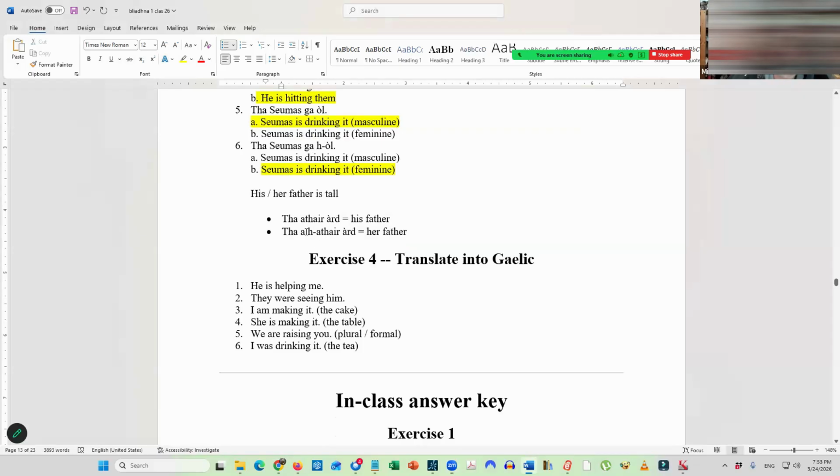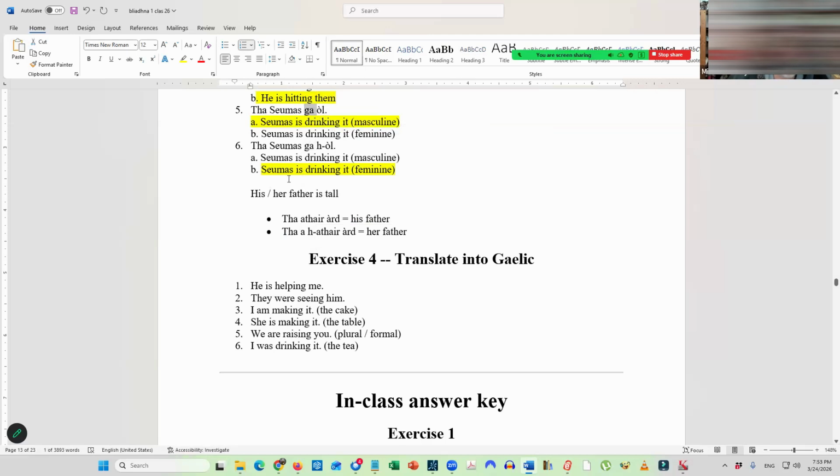So note that with her father, we say aha her, but with his father, the a disappears. The possessive disappears. That's sort of like this.